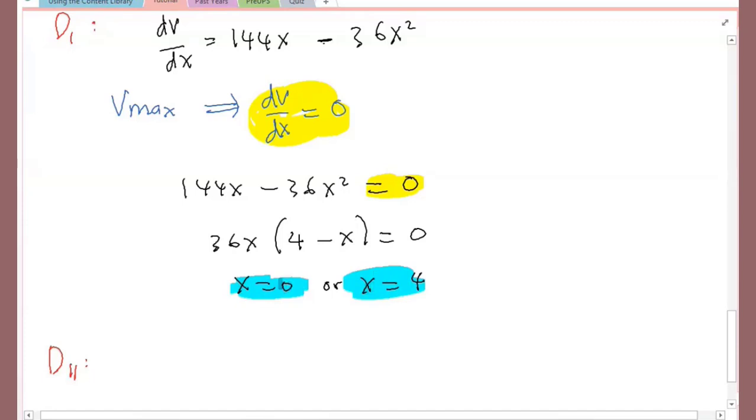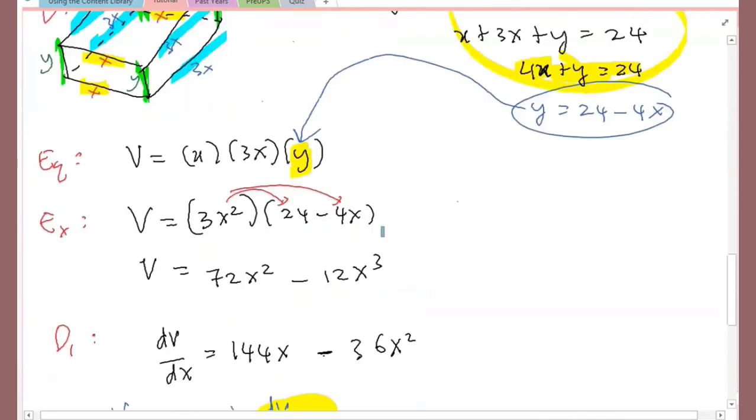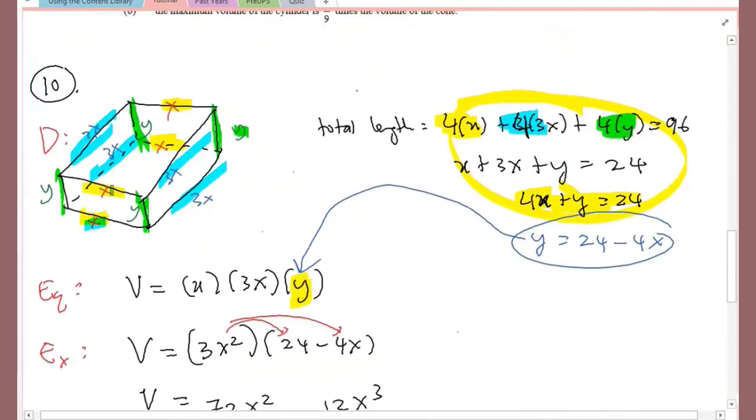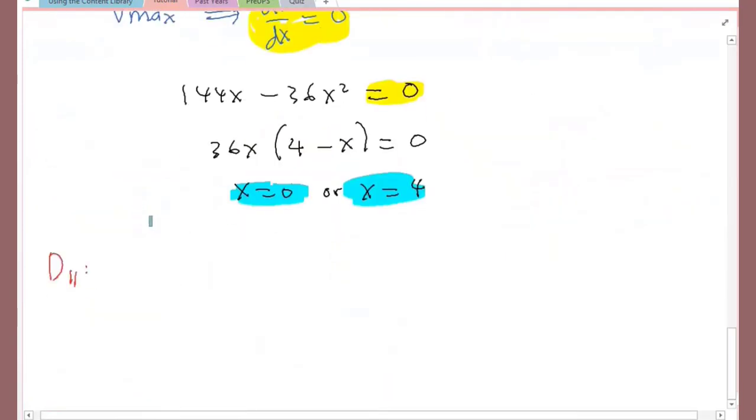Actually, it is impossible for x to be equal to 0. Why? Because if x is equal to 0, you have only y. Y is one dimensional. It doesn't form a box. So it's not logical. But it's okay, we just want to show it.